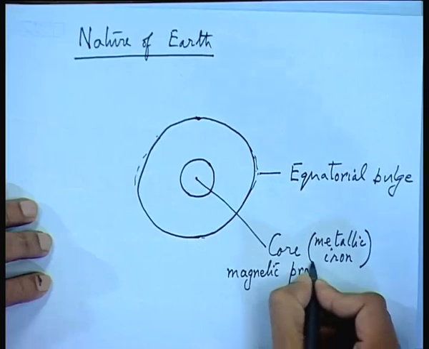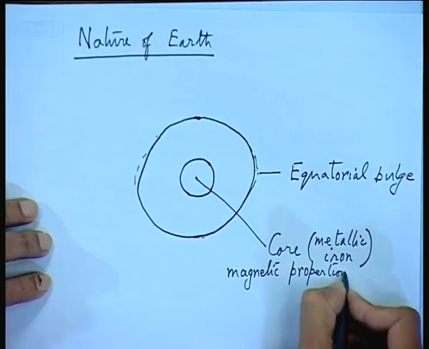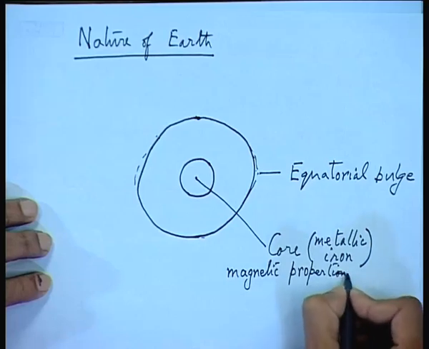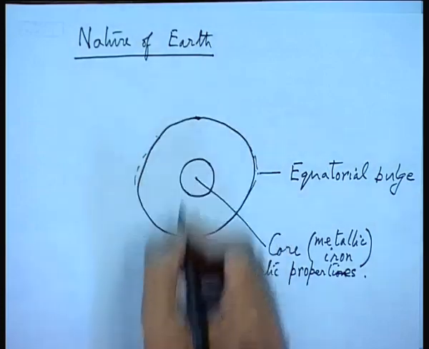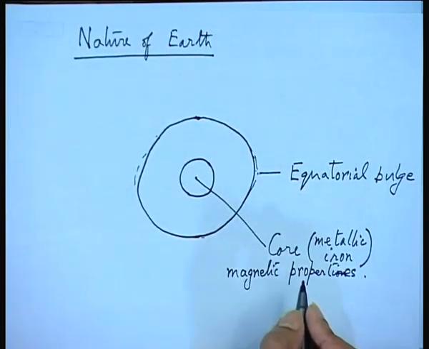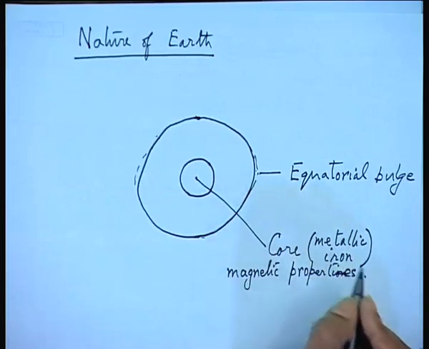So, magnetic properties of the earth, that is magnetic north, magnetic south, the magnetic axis. So, earth is essentially a magnet because of the metallic core.